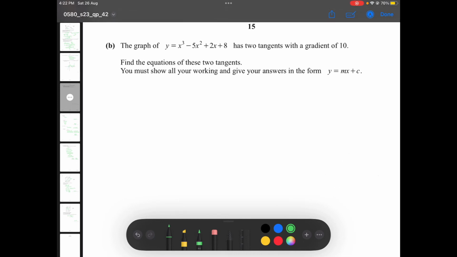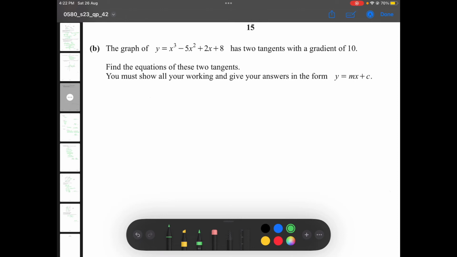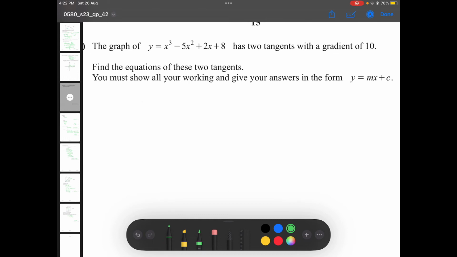The graph of y has 2 tangents with a gradient of 10. Find the equation of these tangents. Now whenever we work with tangents and the graph is given, we have to use the derivative. We have to find the derivative, dy over dx, which is going to be 3x squared minus 10x plus 2 plus 0.